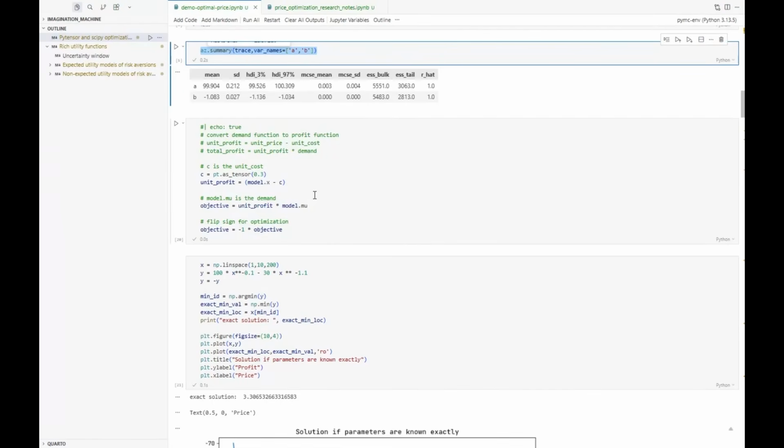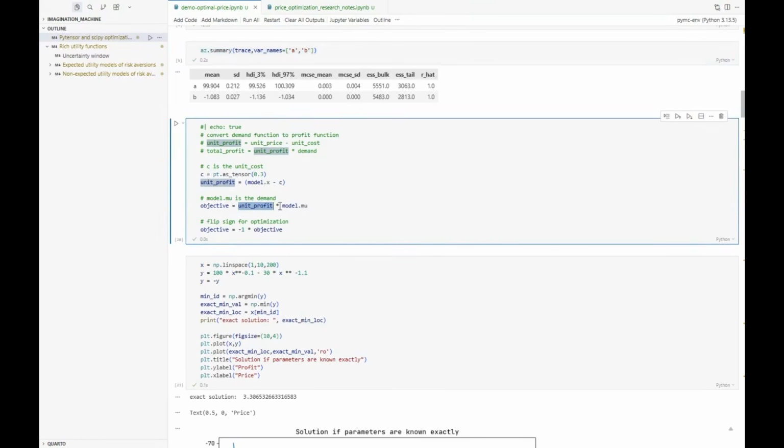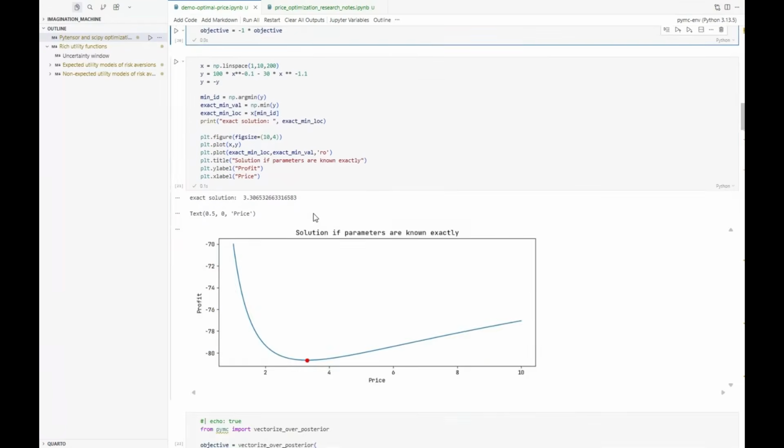So we don't want to maximize sales per se. We want to maximize profits. So to do that, we'll need something like a unit profit, and we multiply the unit profit by the sales. And what's nice about the unit profit is that as price increases, your unit profit goes up, but as it decreases, your unit profit goes down. So it stops that trivial solution to the problem.